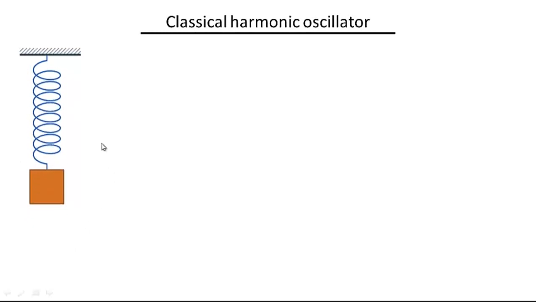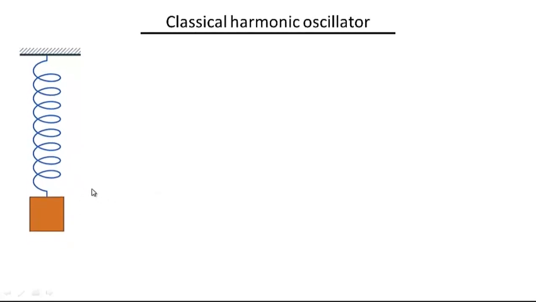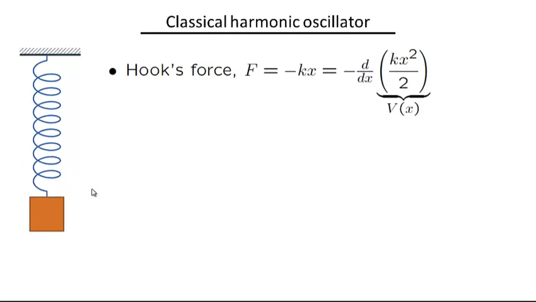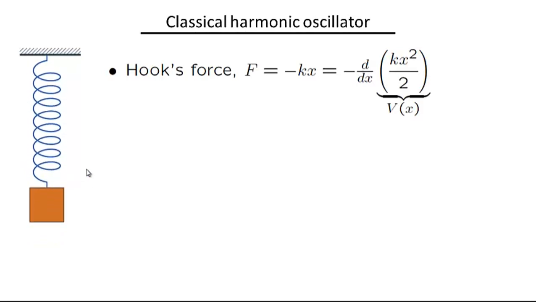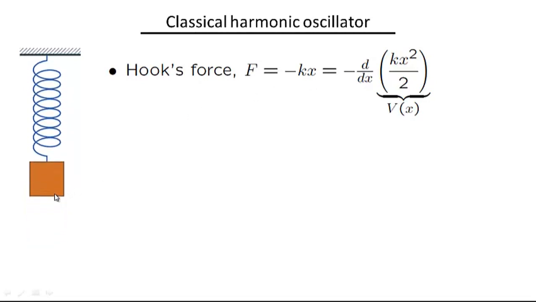And here I have an example of a classical system which exhibits small oscillations near an equilibrium position, and these oscillations exactly are the harmonic oscillator motion. So on the mathematical side, the mass here experiences the so-called Hooke's force, which is proportional to the displacement x of the spring relative to its equilibrium position.